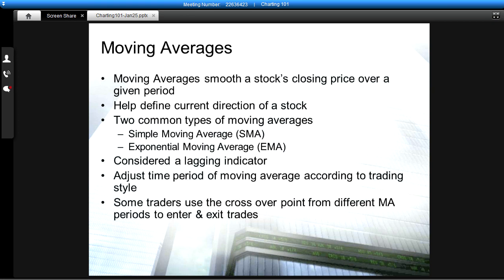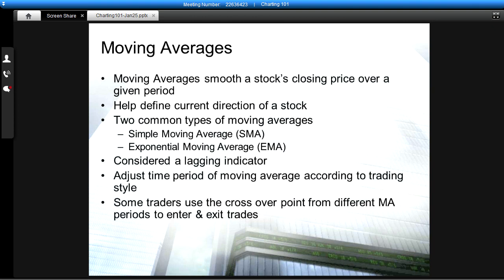Like with all indicators, you can adjust the time period according to your trading style or what you're looking for. So if you're a long-term trader, you're going to want to use longer-term moving averages. But if you're a short-term trader, you're probably going to want moving averages that move a lot quicker. And a little bit of a strategy is that some traders like to use multiple moving averages.